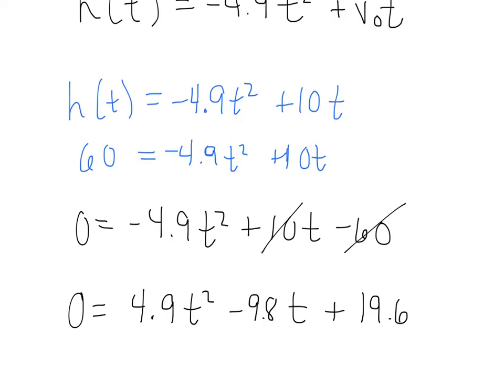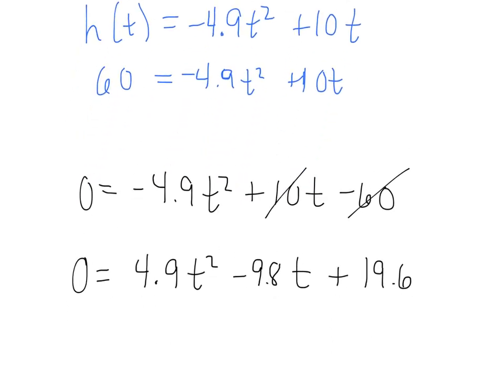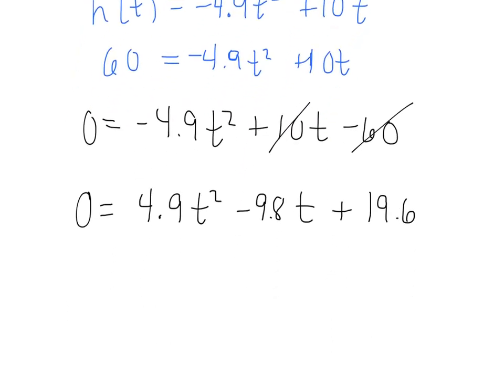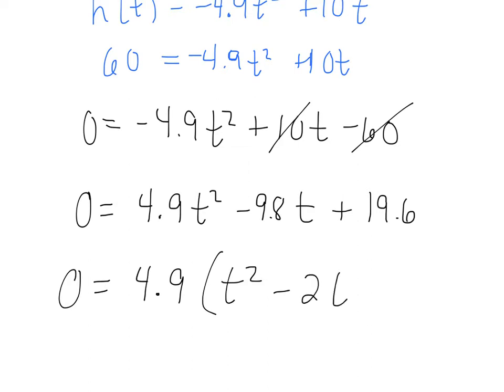What could you try to do to make this easier on us, Ben? Everything's divisible by 4.9. That's what Ben was realizing. I was trying to think of multiples of 4.9. So factor out 4.9 and eventually we'll divide by it, yes. And I don't even think that could be factored still, can it? Of course not. Why would I pick something that works?